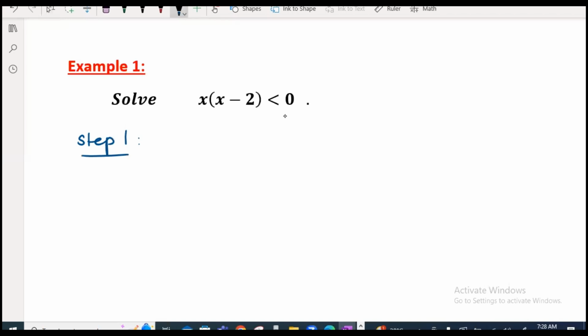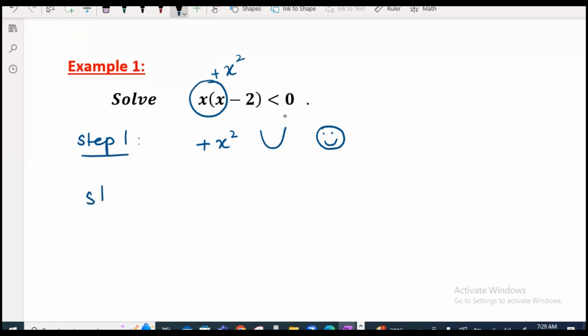So step number one is decide which type of parabola you have to draw. For positive x square, this type of parabola you have to draw, and you can memorize it by the happy face. This inequality has positive x square. When you multiply x into x, it will be positive x square. This is step number one.